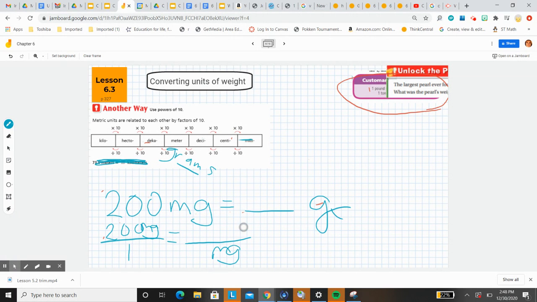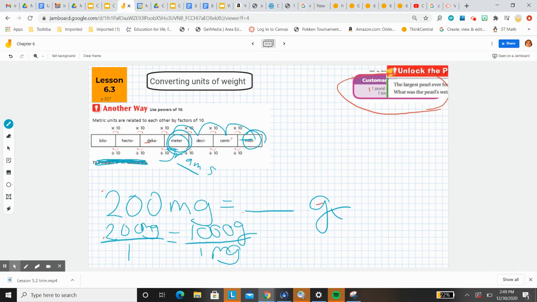Milligrams are on the bottom here, it puts grams on the top here. Now I have to go from milli to gram, so I'm going to go over 1, 2, 3 jumps, 1, 2, and 3 zeros, add my 1. That means I have a 1 down here at the bottom.